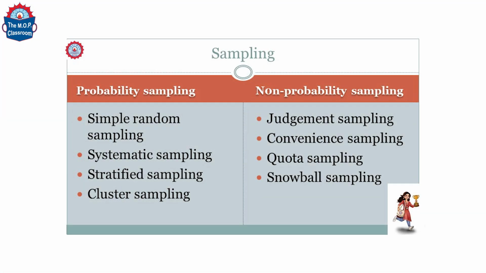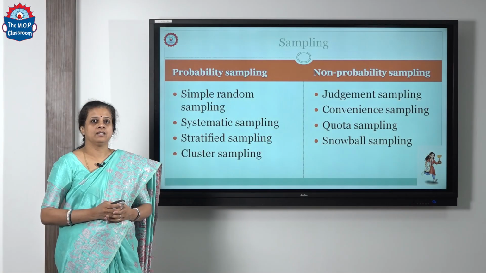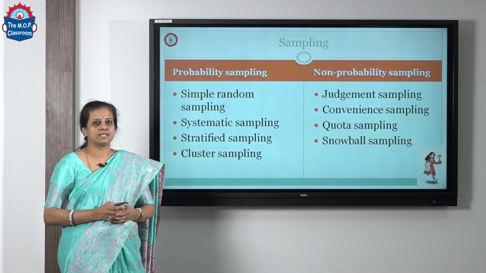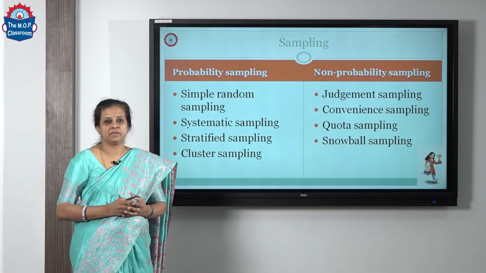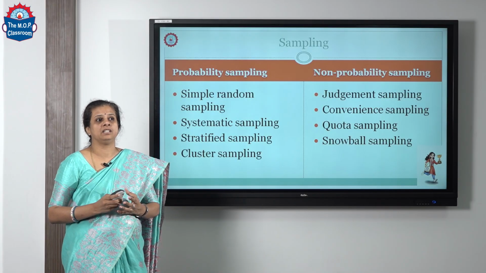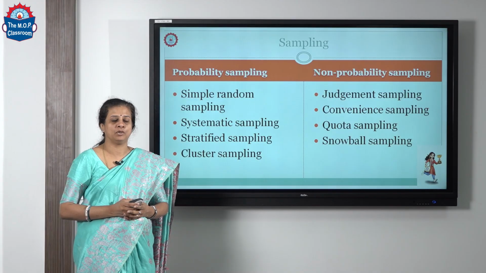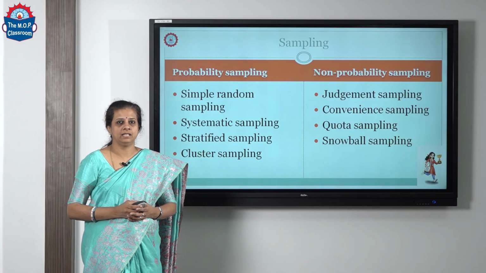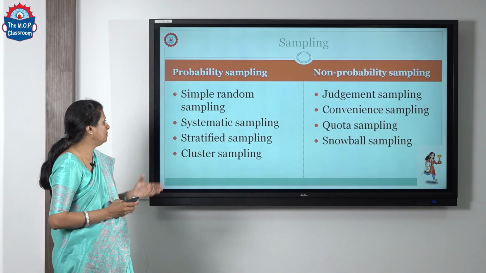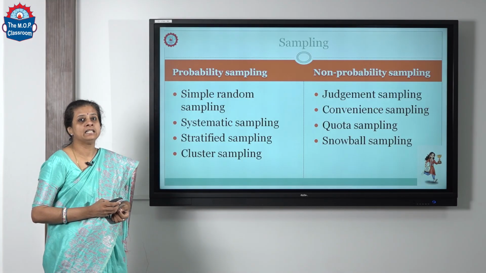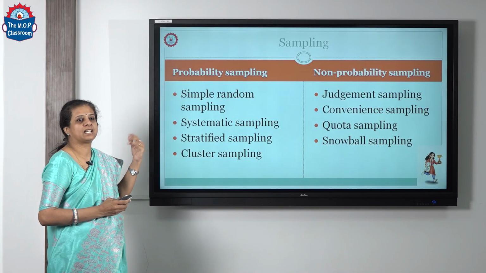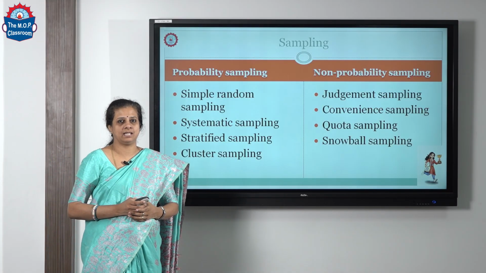Before we move on, let me give you the two basic types of sampling. One is probability sampling, where each individual in the group has an equal chance of getting selected from the population into the sample. These are classified into simple random sampling, systematic sampling, stratified sampling and cluster sampling.